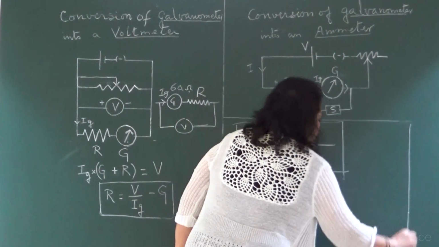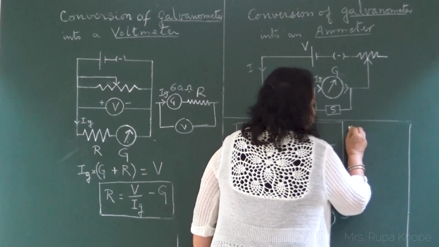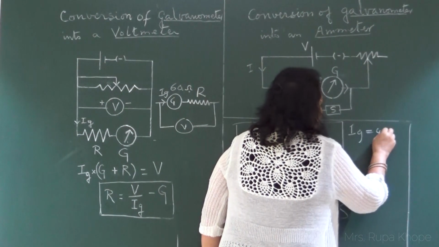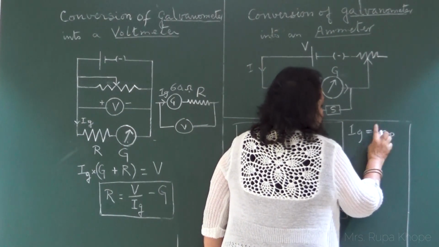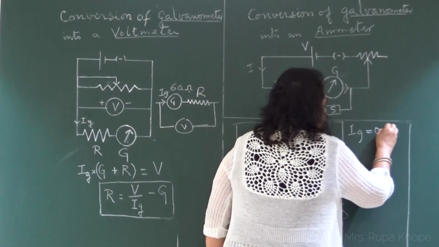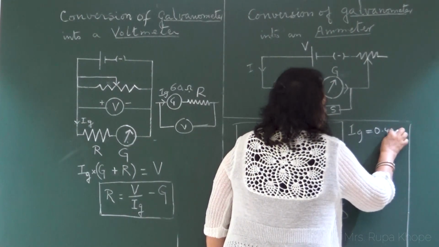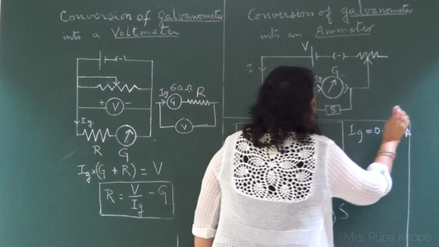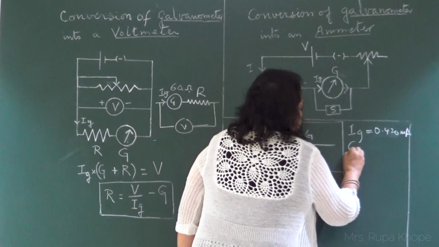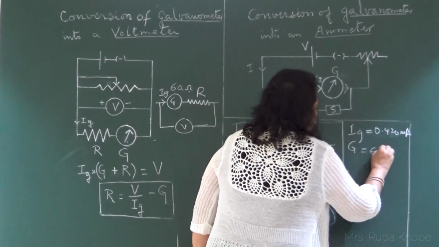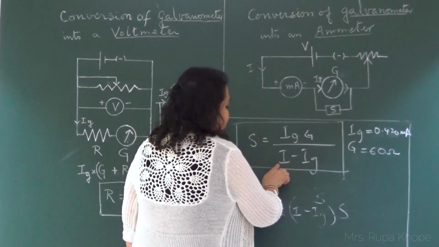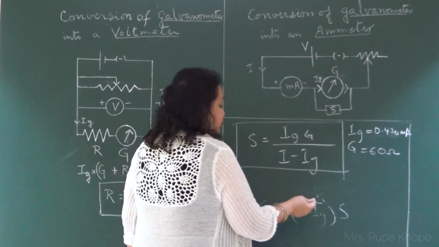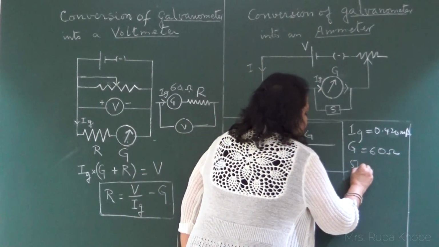Now, we know certain things. What is my Ig right now? It is 420 microamps, so I can write this as 0.420 milliamps. What is G? G is 60 ohm. What is I? I is the current, which is equal to 50 milliamps.